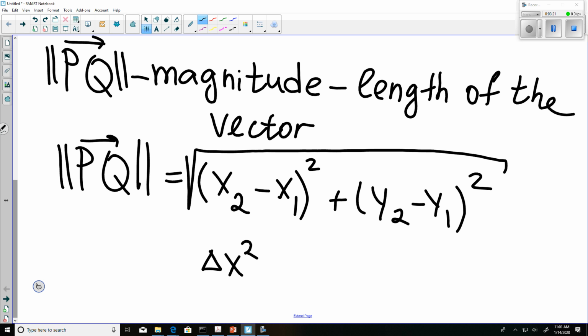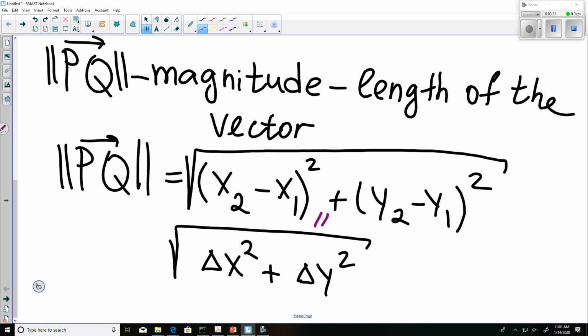That delta sign means change. Change of x squared plus change of y squared, and also the square root. These two are equivalent statements. Instead of x2 and x1, I just wrote the delta. Some people prefer that, and some textbooks have that. So far, so good, guys? All right. Do you have enough time to write this down?